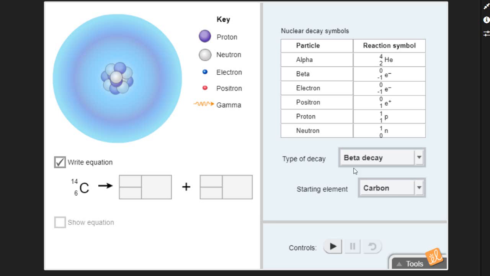So, look at the pieces that you have right here. This is a what? Neutron. Now let's watch what happens when he decays. Carbon 14 decays. Let's watch it again.